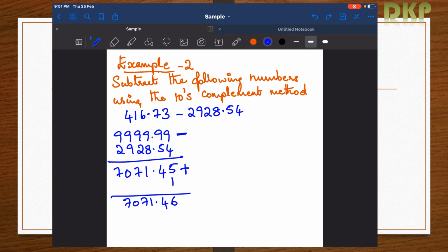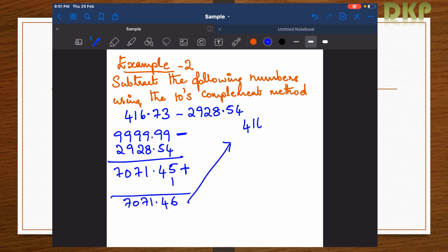Let us do one more problem based on the tens complement method. Subtract the following numbers using the tens complement method. 416.73 minus 2928.54. So the first step is you have to find the tens complement of this subtrahend. So you get the tens complement of the subtrahend as 7071.46, and the next step is you have to add this with the minuend.